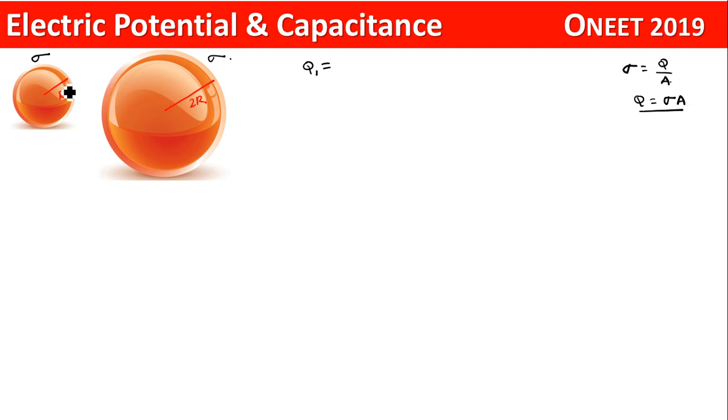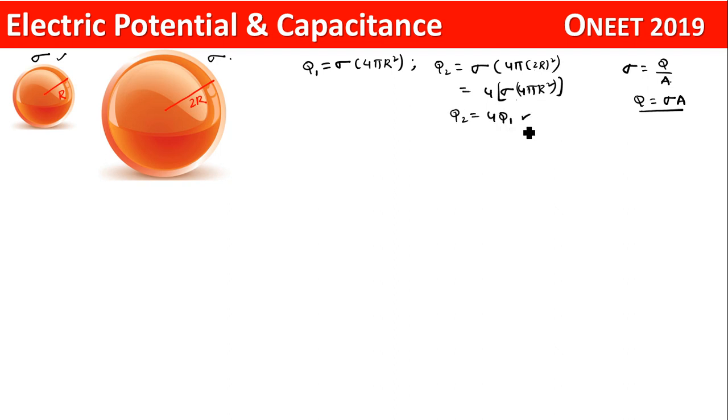So Q1 is sigma times 4 pi r square, and the charge on the second sphere is sigma times 4 pi into 2r whole square. Taking the 2 square common, that is 4 times sigma 4 pi r square, which is 4 Q1. So Q2 and Q1 are related like this.